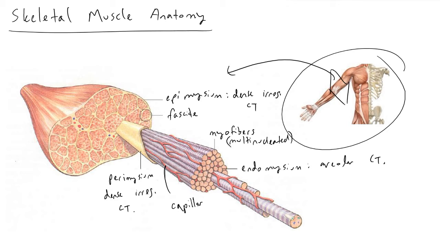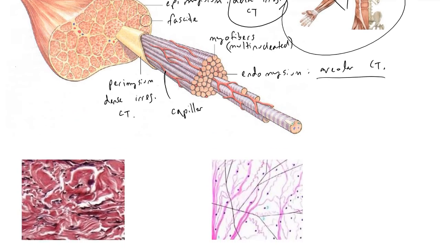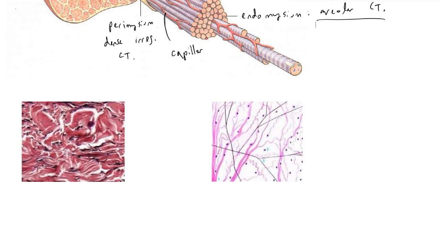So we've been introduced to these new terms: dense, irregular connective tissue, as well as irregular connective tissue. What I have here are microscope slides of the two tissue types. The first tissue type we looked at was dense, irregular connective tissue.